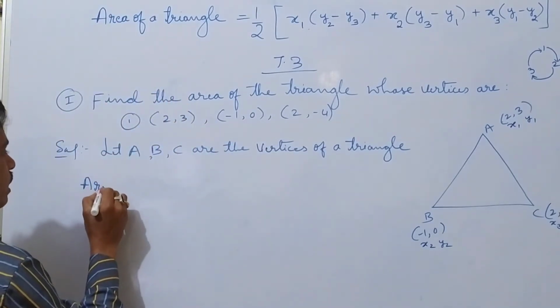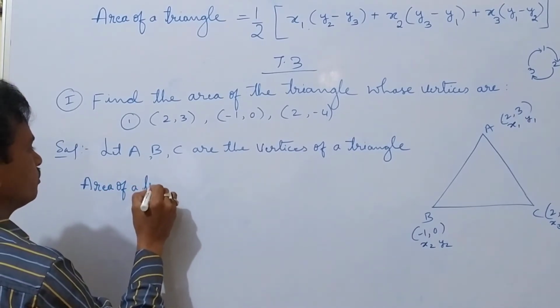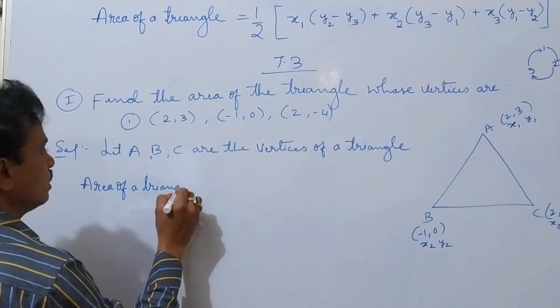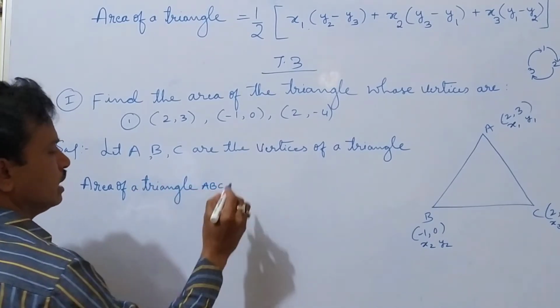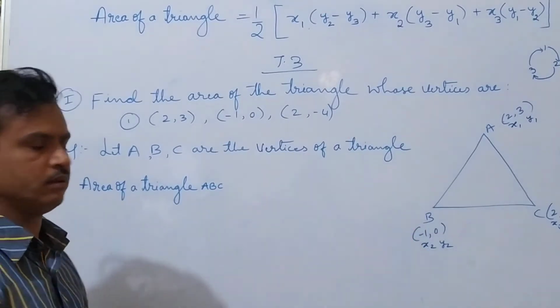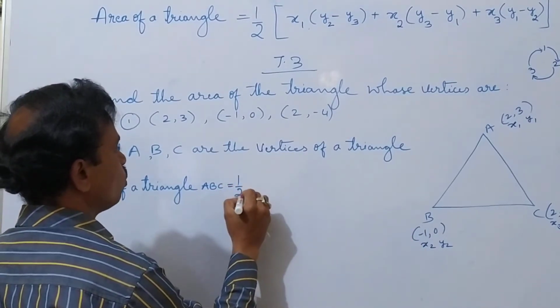Area of triangle ABC, that is the name of the triangle, is equal to 1 by 2.